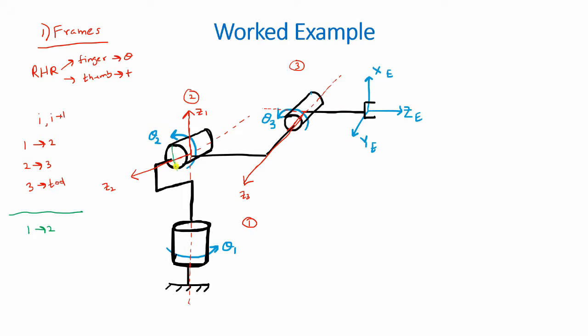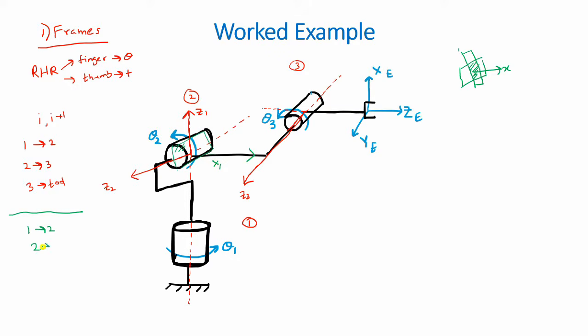So the plane here would be something like this. So if I draw it out separately, you will have one plane here and another plane over here. And so x would be normal in this direction. And that just so happens that it is along the link. This link. So x1 would be along this particular link.